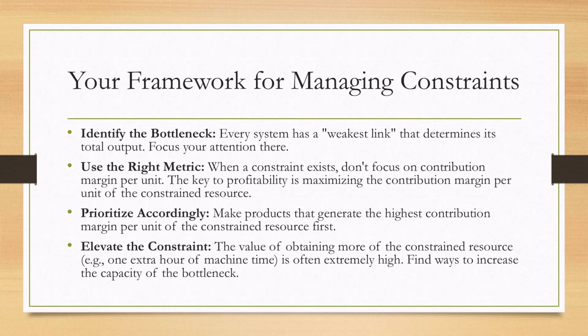Third, prioritize accordingly. You should always make the products that generate the highest contribution margin per unit of the constrained resource first. And finally, find ways to elevate the constraint. The value of obtaining more of that constrained resource is often extremely high, so find ways to increase the capacity of your bottleneck.